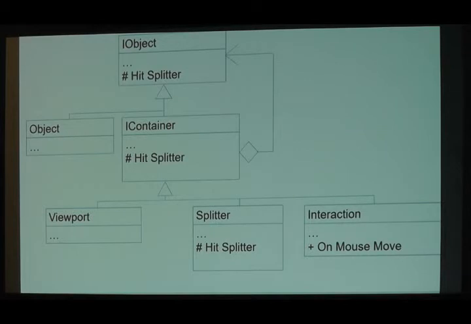When there is a splitter hit, what I do is I show a subpanel, and the subpanel will have a splitter in it, either horizontal or vertical. And when you move it, you generate an event. And when you get an event, you resize the pane.